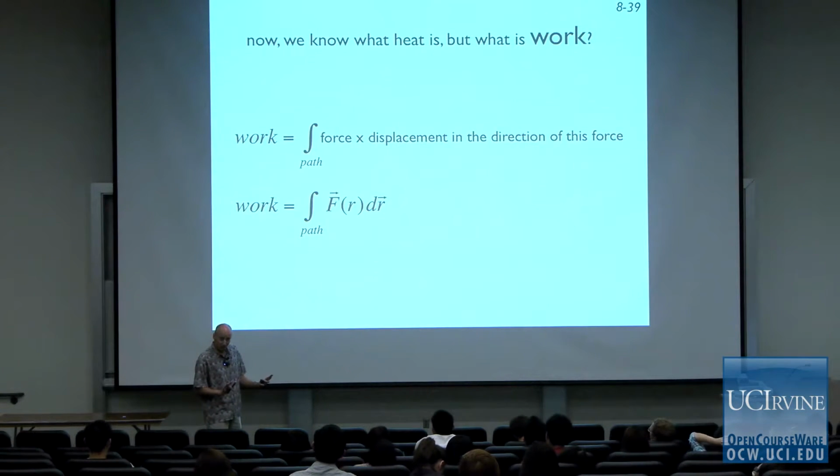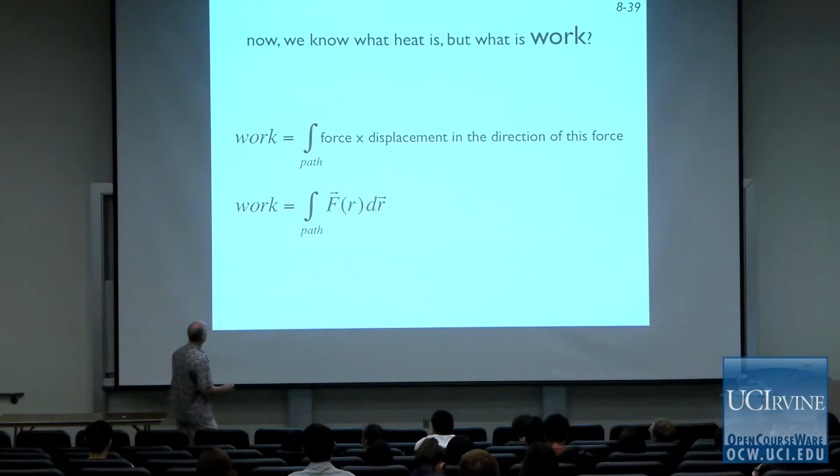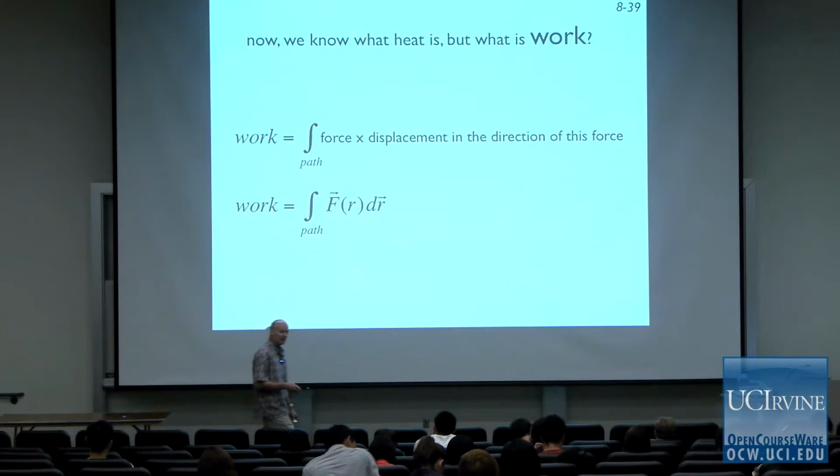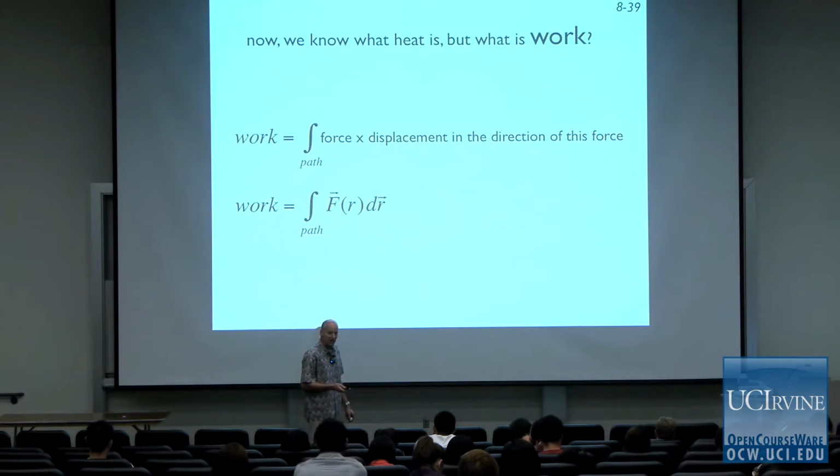There are different kinds of forces we can think about, but let's just think now about a physical pressure. Technically it's the force, which is a vector quantity, integrated over some path. In general, this work is going to depend on the path that we take. Now, that's a very abstract notion. We're going to make it concrete in a minute. Force times displacement.